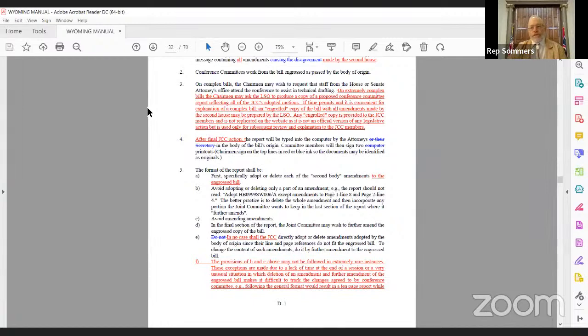So the JCC chairman would have to go to the presiding officer. But I would assume that LSO will tell the JCC chairman that we don't have time for this. But I don't know. Mr. Gruber, you got any thoughts?